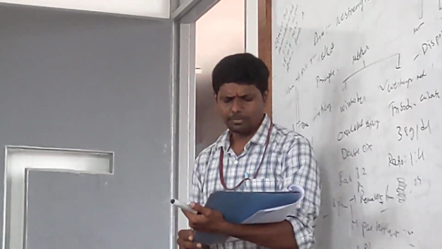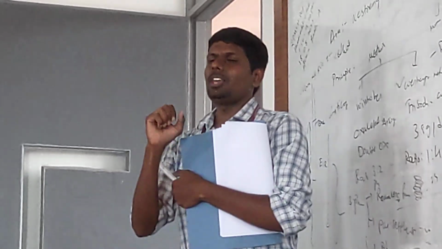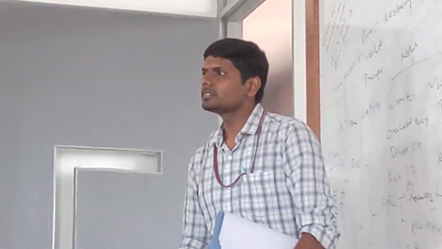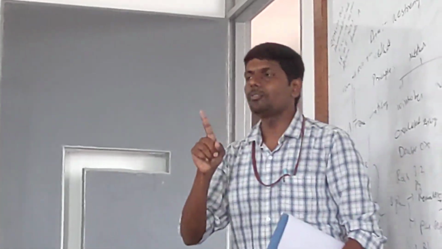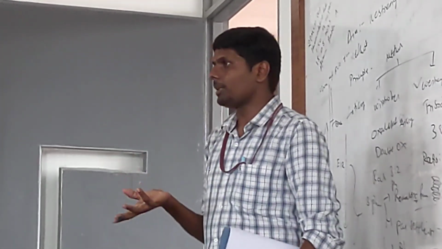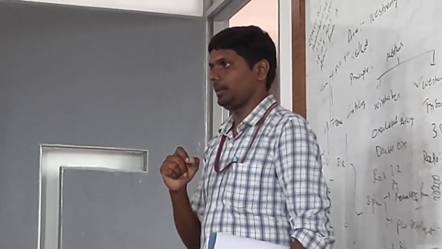Then can ESR diagnose cancer? If ESR value is high, can it be a cause of cancer? Leukemia? Listen, there is a kind of leukemia called B-cell leukemia where there will be more antibodies, abnormal antibodies. So in cancer, especially in blood cancer, ESR value will be high.